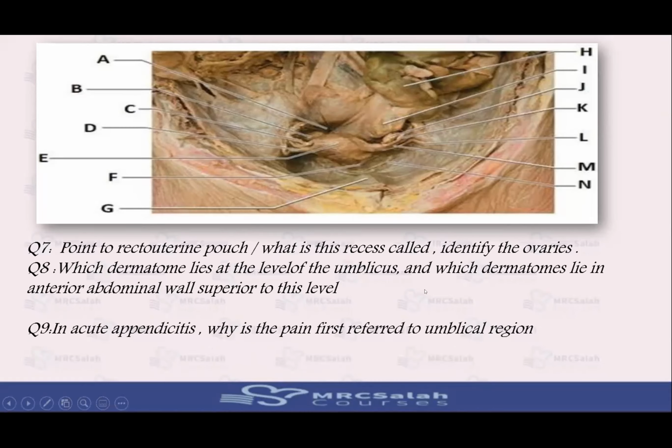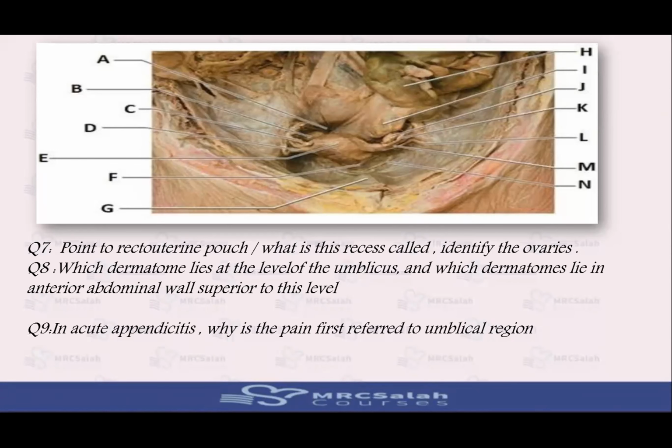Next question. In acute appendicitis, why is the pain first referred to the umbilical region? Because of compression of the nerve T10, which supplies the cutaneous part of the umbilicus.